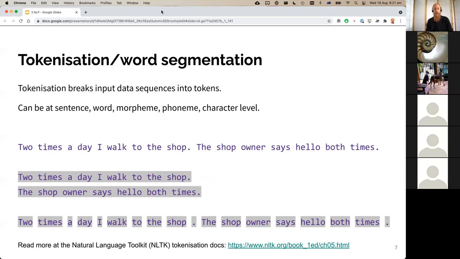NLTK is a very mature Python package, and it has existing methods for doing lots of these NLP tasks that we'll see today. So to create either of these examples, we can just use NLTK and import the tokenization package and use a sentence tokenizer or a word tokenizer to split that input up.